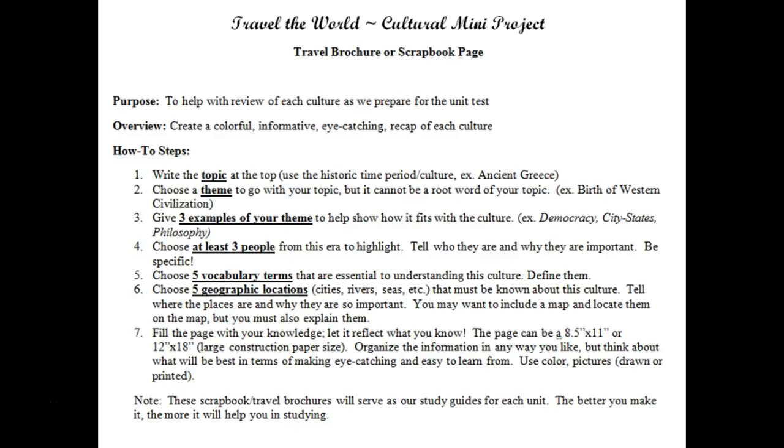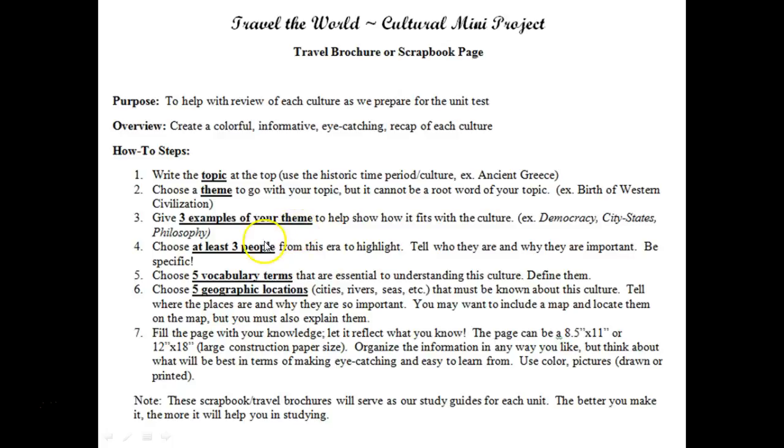If you just choose 3 you knew off the top of your head and you already remembered, then you're not doing any service for yourself. You're just reinforcing the knowledge you already had. It would be better to look back through your notes and use this opportunity to help you really learn the people that you didn't remember on your own.